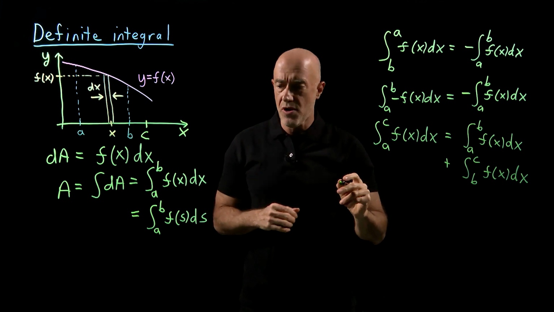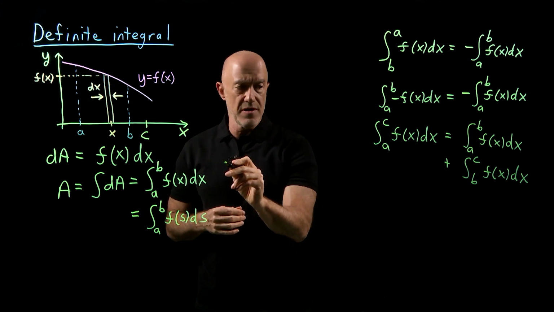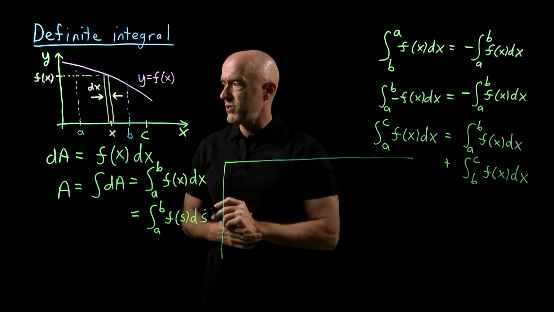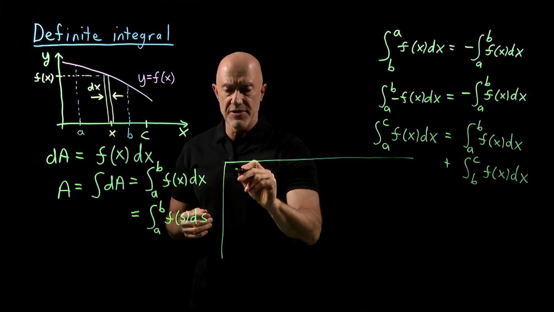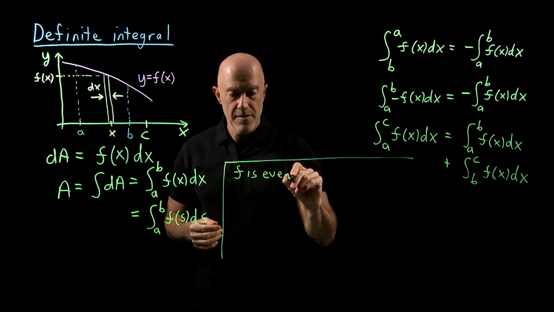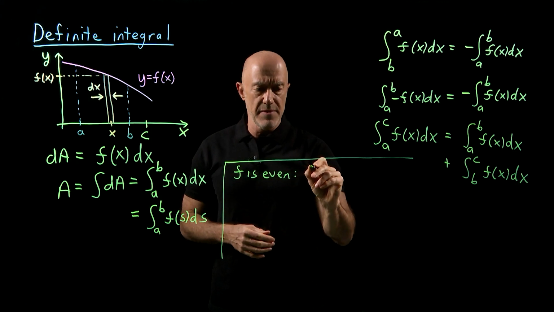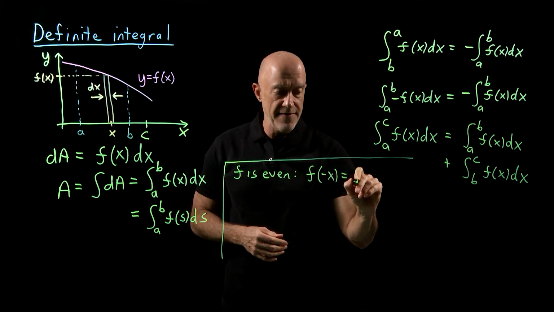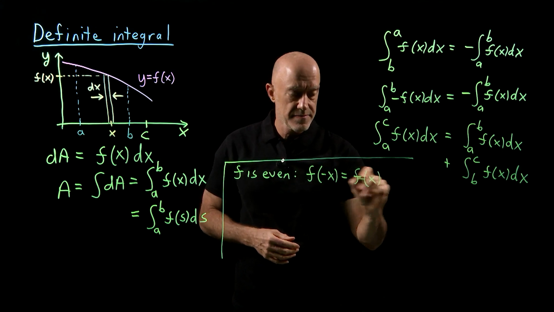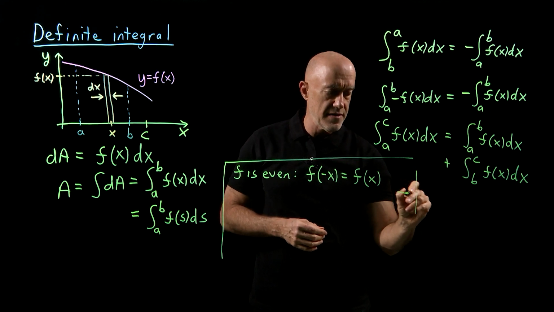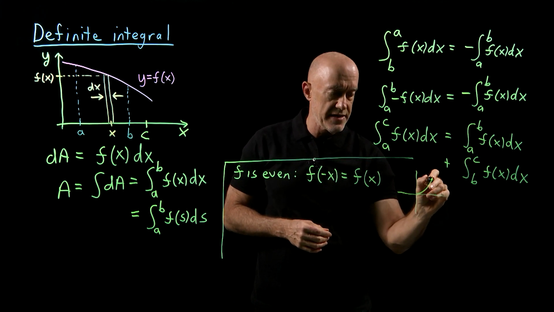Okay, there's one more point I want to make here, and that's special types of functions. So let's, for example, say f is an even function. What does an even function mean? It means that f of negative x equals f of x. What does that function look like? Well, that's the function that looks like a quadratic, say.